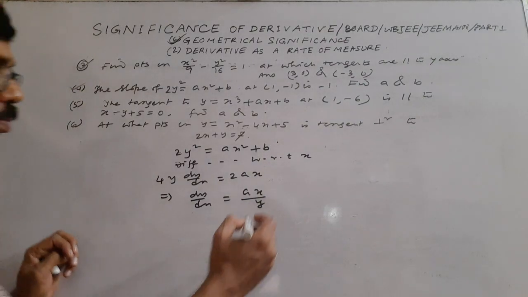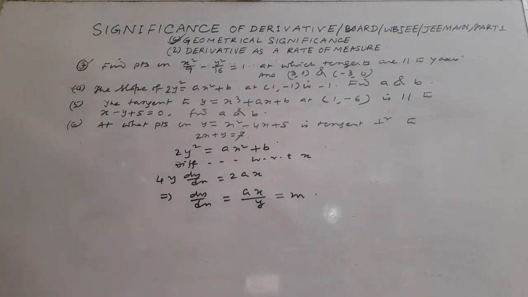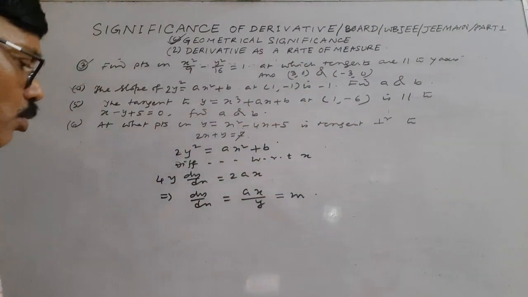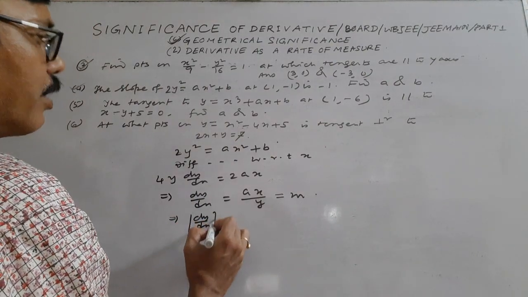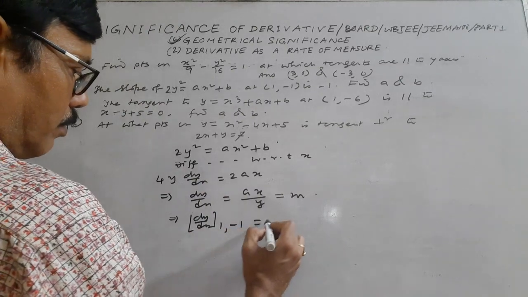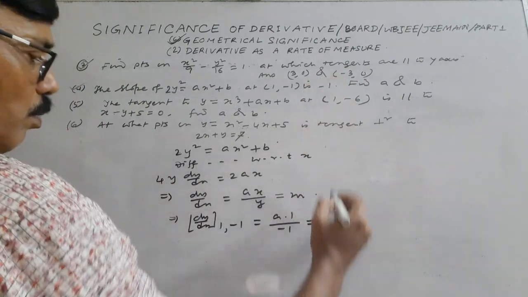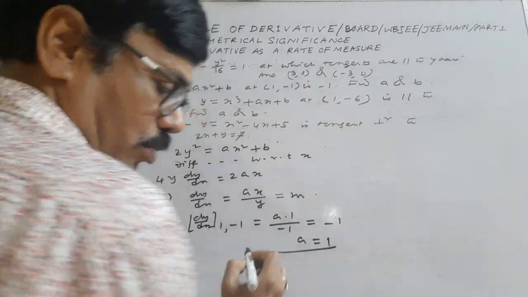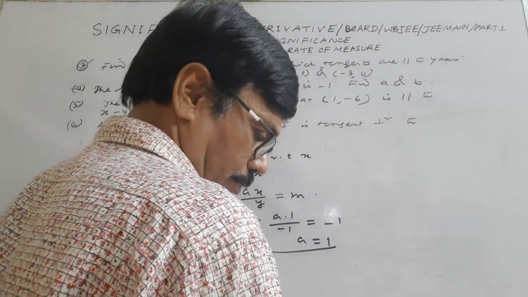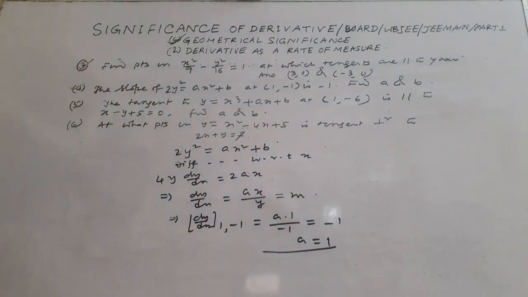Now this is the slope. Given the slope at (1, -1) is -1, dy/dx at (1, -1) is a into 1 by minus 1, which is -a, and the slope is -1. So you get a equals 1.